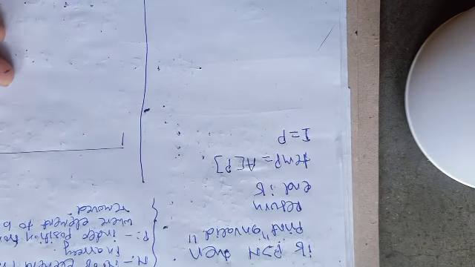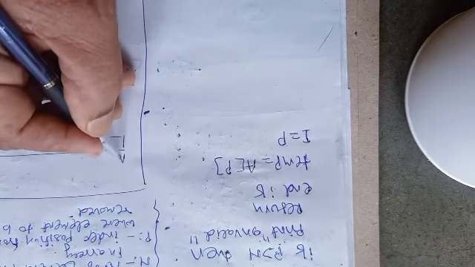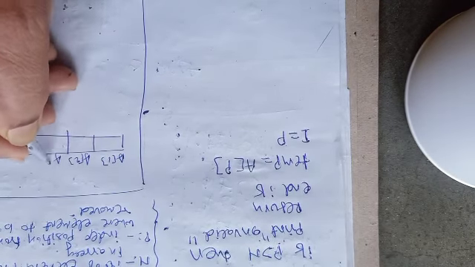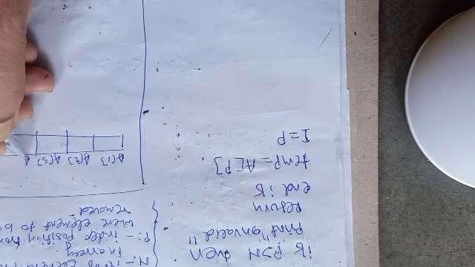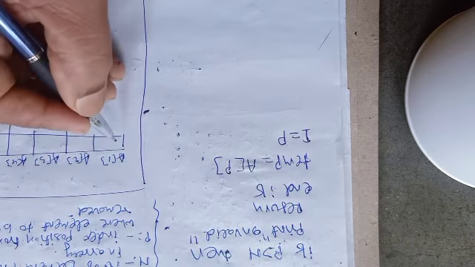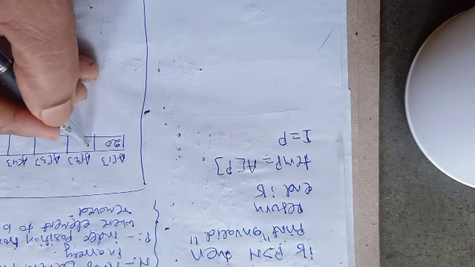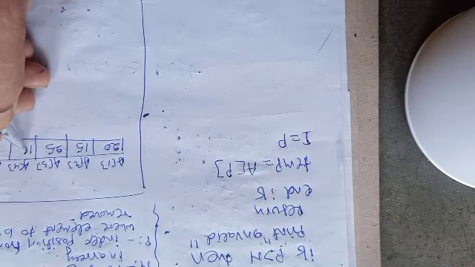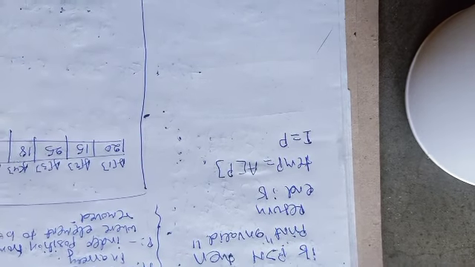Now suppose this is my array: A1, A2, A3, A4 and A5. Suppose these are the data items 20, 15, 25, 18 and 16.